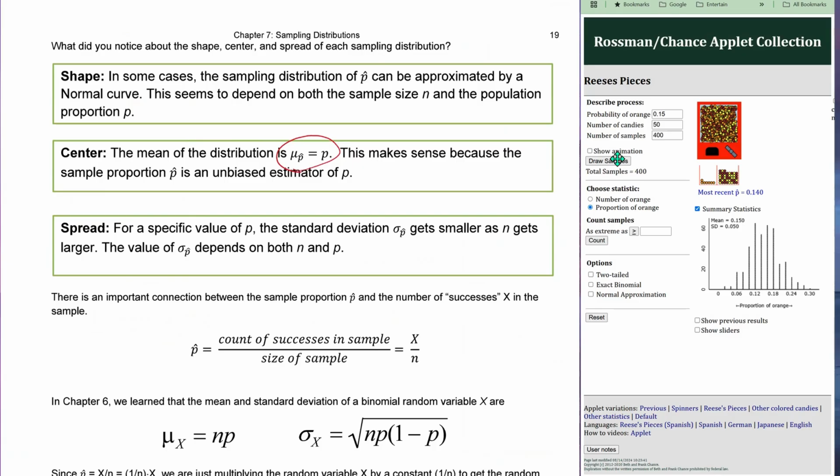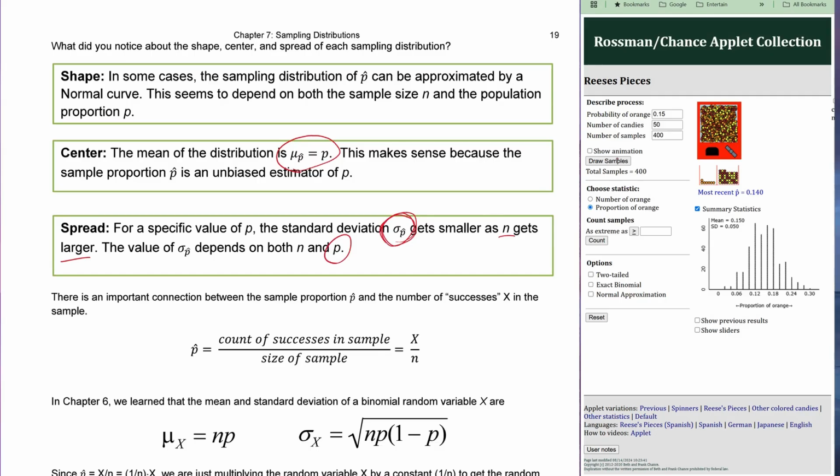And then lastly, we did indeed see the sampling distribution's standard deviation get smaller as n got larger. It seems to depend also on the value of p because we didn't get the same standard deviation when the population proportion was 45% as compared to when the population proportion was 15%.